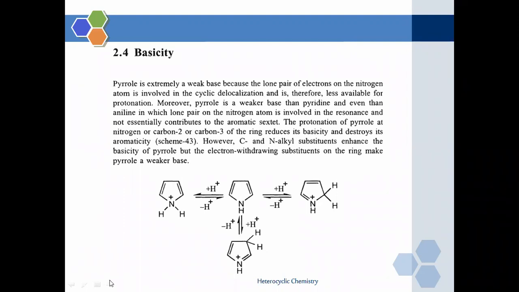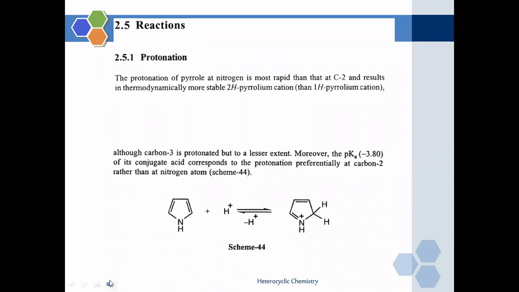Now although it is weakly basic in nature, sometimes it may undergo a protonation reaction in susceptible conditions. The protonation of pyrrole generally happens at the nitrogen atom and at the C2 position, in susceptible situations.